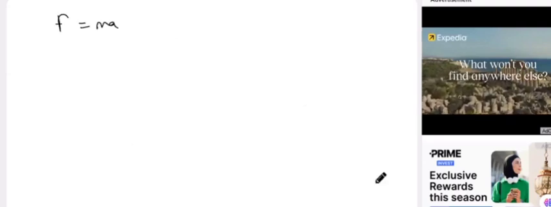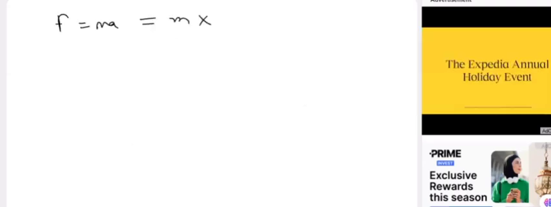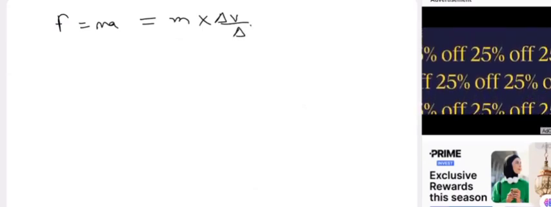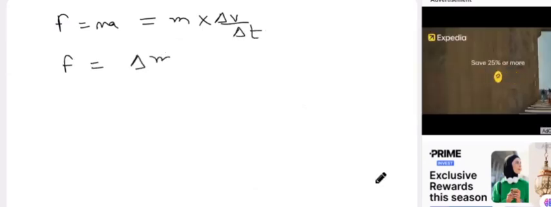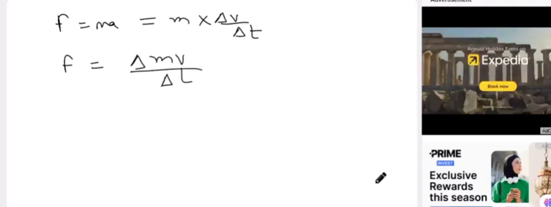So from here, angular momentum will be defined as F equals ma, or m into delta v over delta t. So F can also be written as m v over delta t.